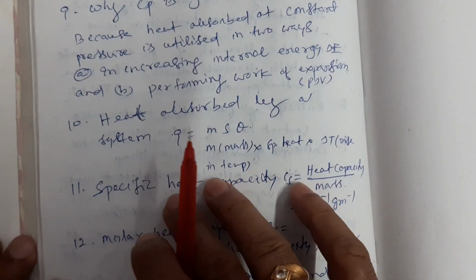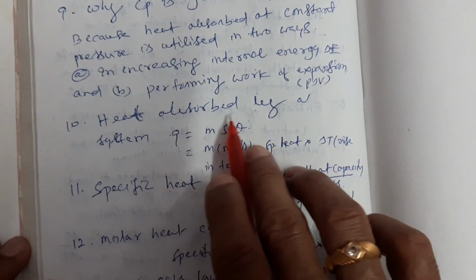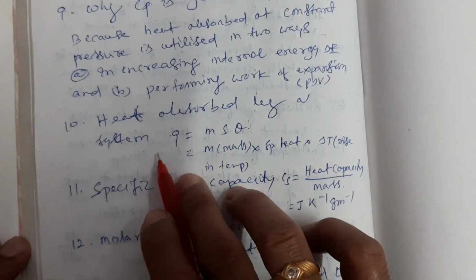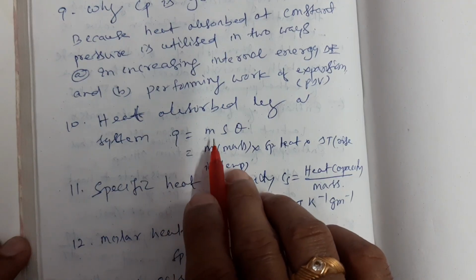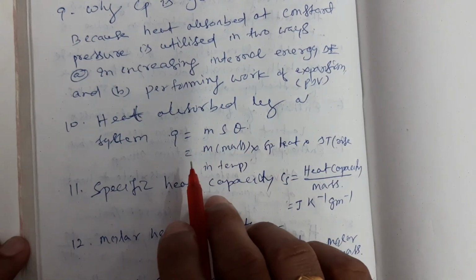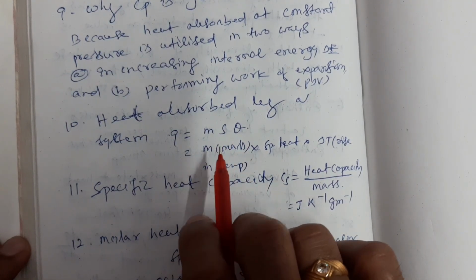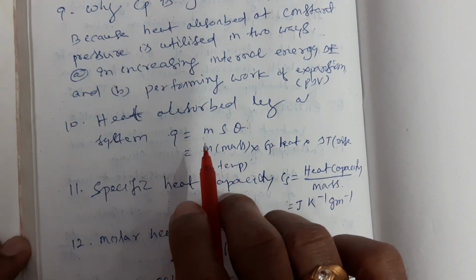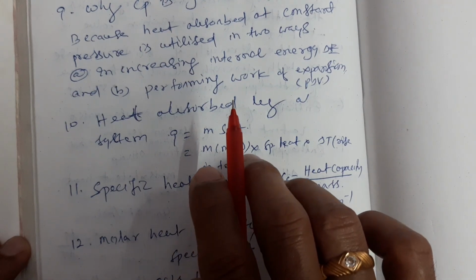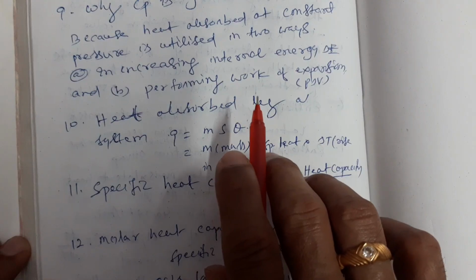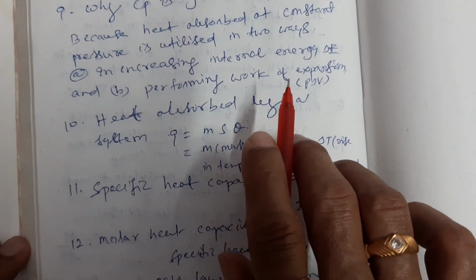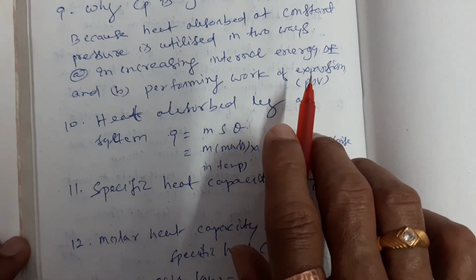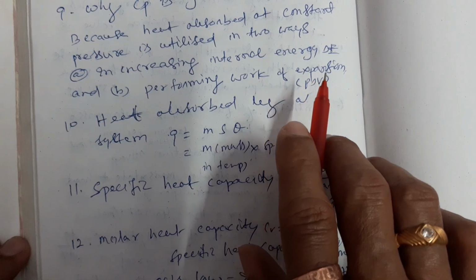Next, heat absorbed by a system, for problem solving, Q is equal to ms theta. Sometimes questions are asked, like: take 50 gram of water at 0 degree centigrade, and add 100 gram of ice at minus 4 degree centigrade.